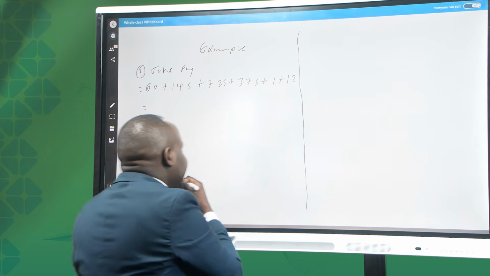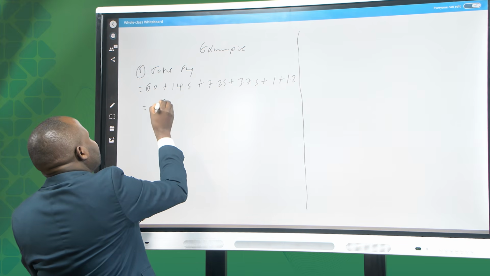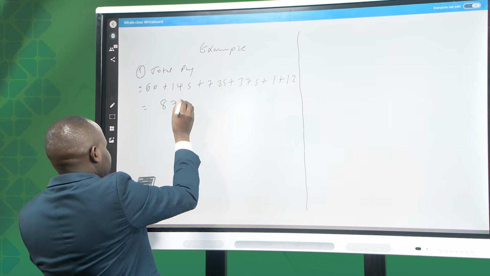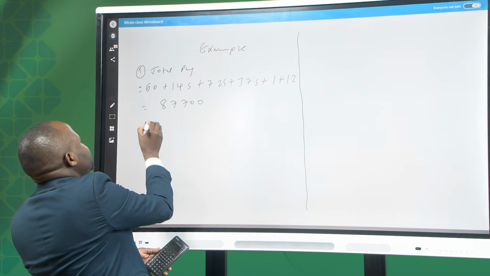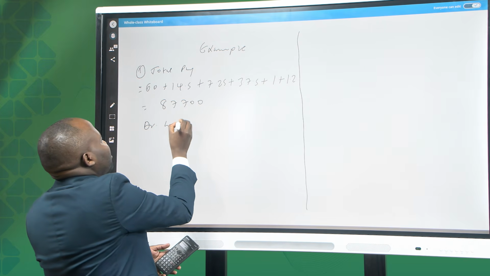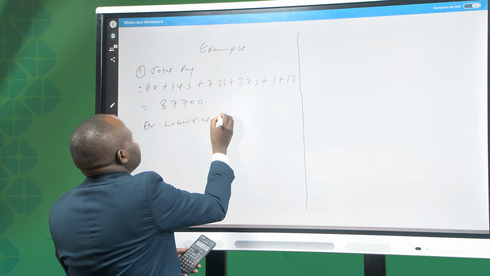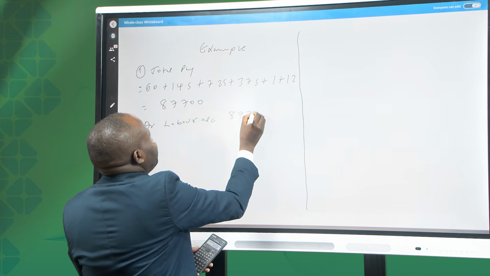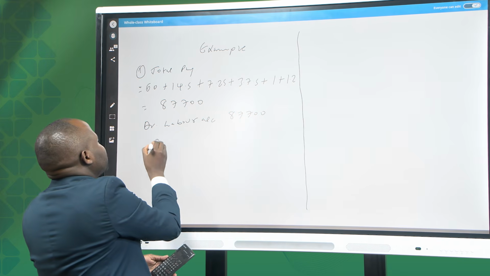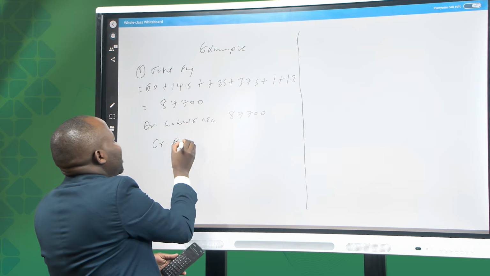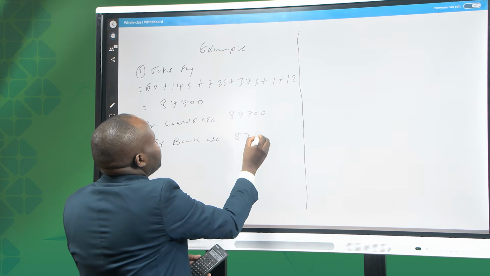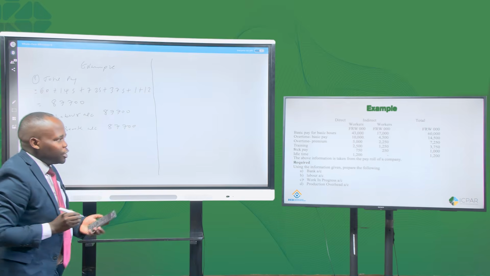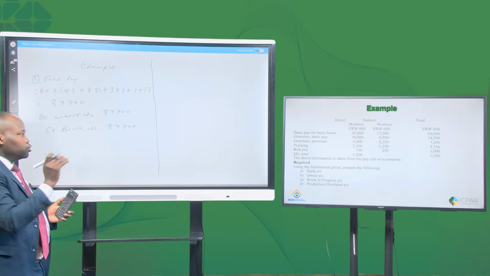It gives us 87,700. So with this total, you debit labor account with 87,700 and you credit bank account with 87,700.